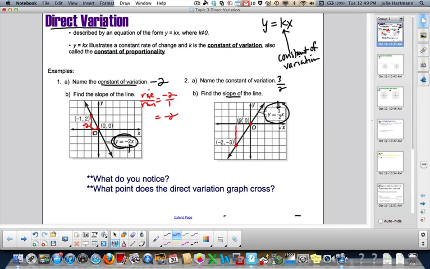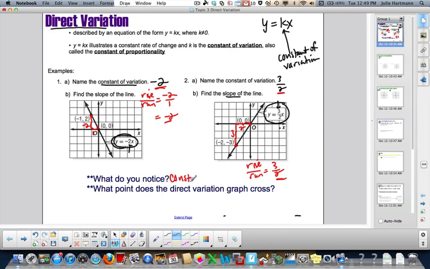So we have to go 1, 2, 3, up 3, over 2. So rise over run would be 3/2. What do you notice? That's the constant of variation equals the slope.